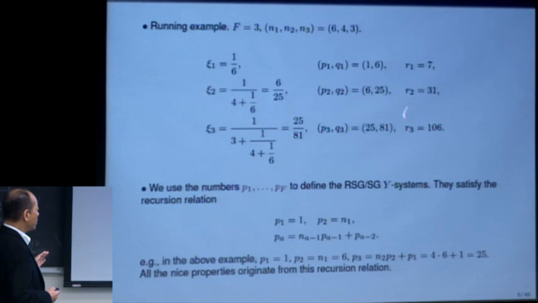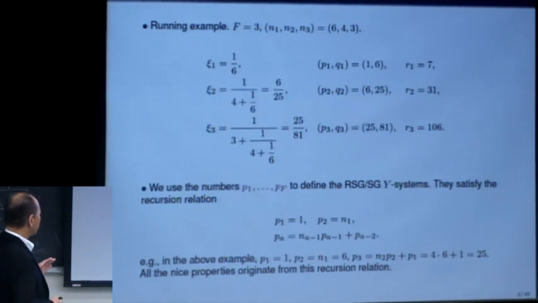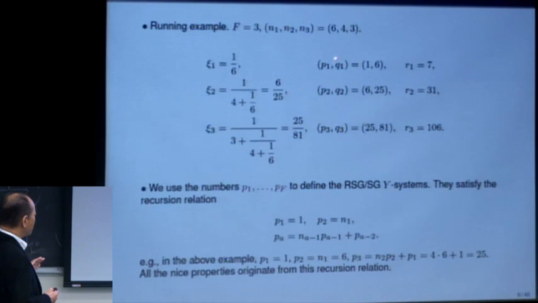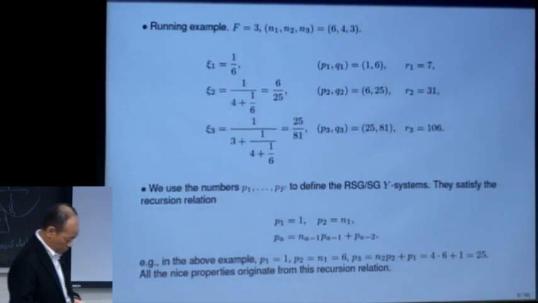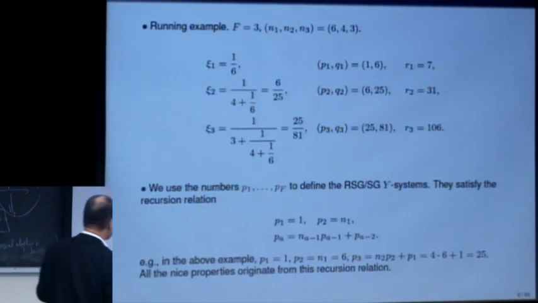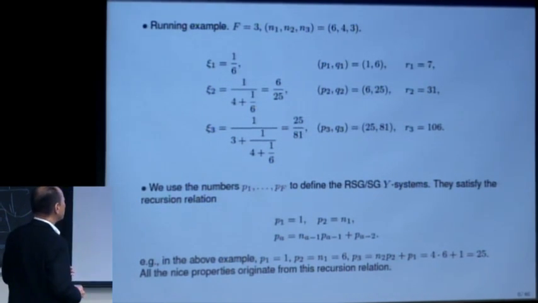We will see these numbers later. Particularly, we use these numbers P1, P2, P3, in this case 1, 6, 25, to define the Y system. So the Y system uses this input. And it is well known that they satisfy a recursion relation. And I want to say that all the nice properties originate from this recursion relation. So the continued fraction is responsible for this.